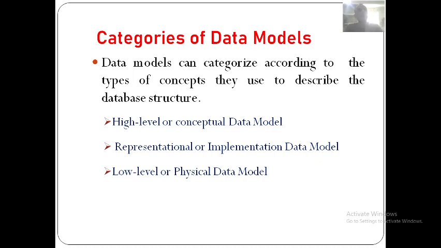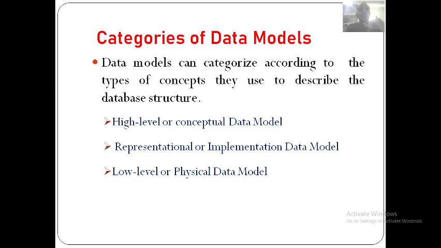Then comes the representational or implementation data model. What happens here? Actual implementation of what we have planned in the high level. What we identified, what schemas we have prepared, all those things should be implemented.